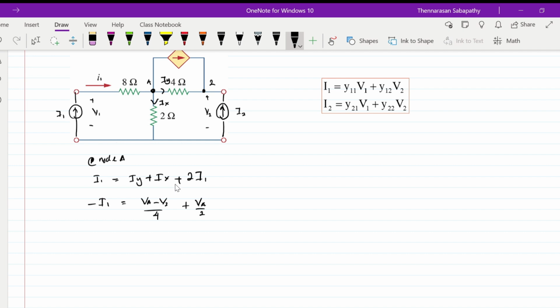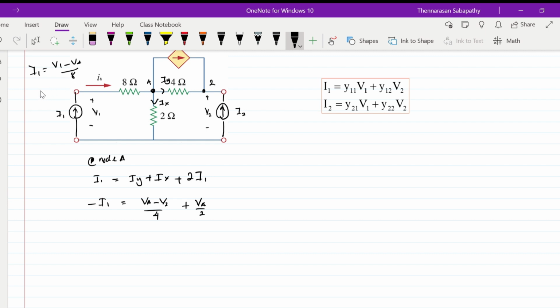Because we don't want to have a VA here, I'm going to express this I1 in terms of V1 and VA. I1 can be defined as V1 minus VA over 8.